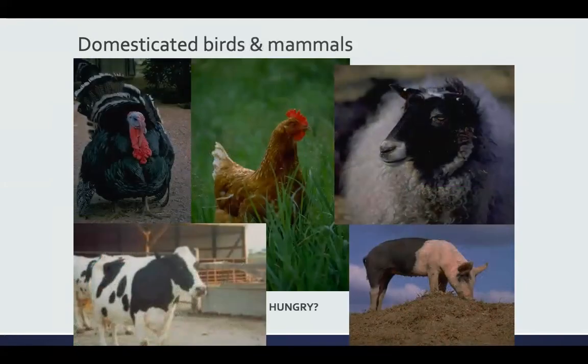Again, when we say the word domestication, we don't necessarily mean bringing them into your home as a pet, but right before the Industrial Revolution, or even much, much before that, animals were being domesticated. That means they were bred for food, whether that was cows, chickens, turkeys, sheep, and pigs.